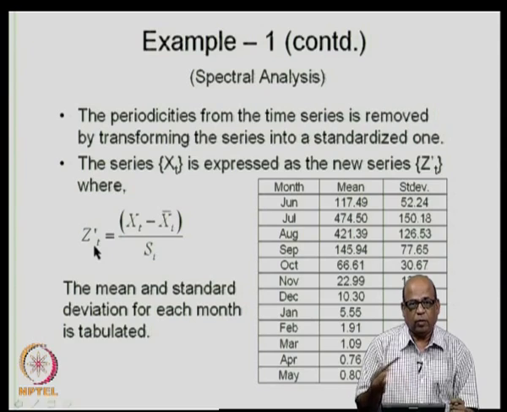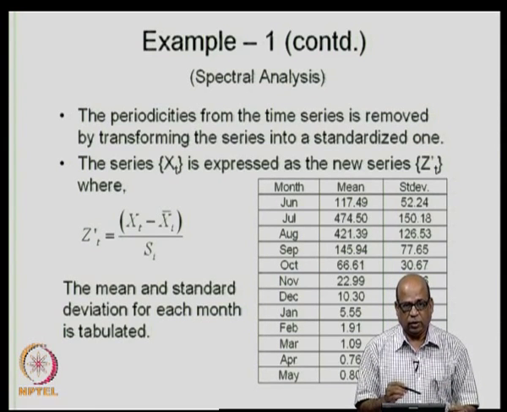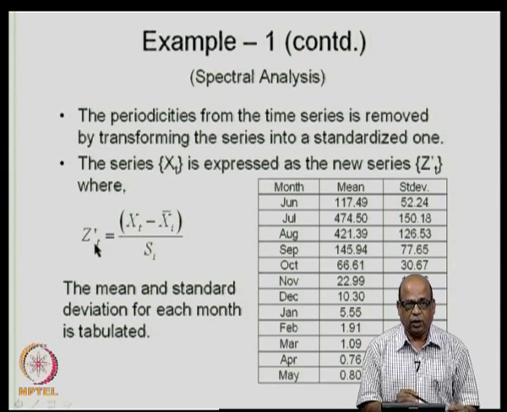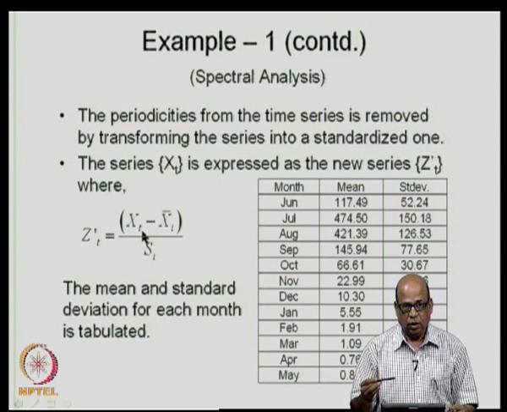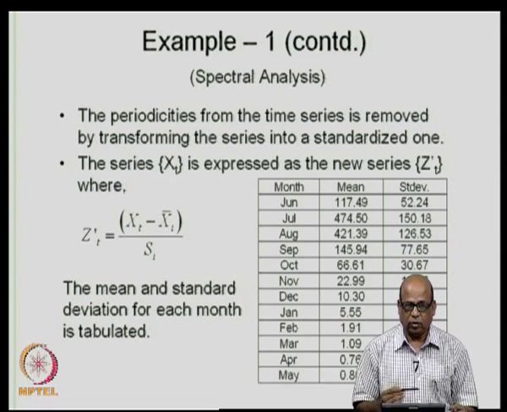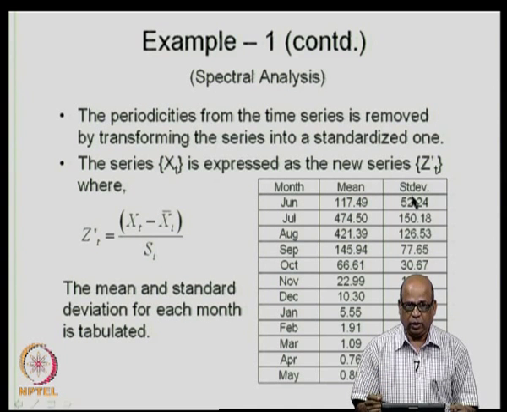Because we have used the notation z t earlier in the same problem, we will write this as z dash t, which is the standardized time series, x t minus x I bar over s I. The I here corresponds to the particular month to which t belongs. As I mentioned earlier, t goes from 1, 2, 3 etcetera up to 348, which are the total number of values. But corresponding to every t, we have an I which identifies it with the particular month.